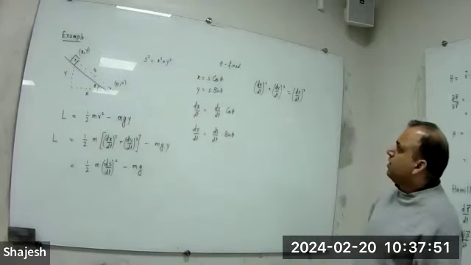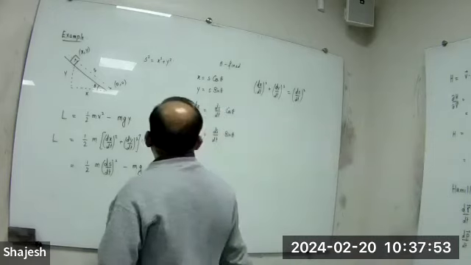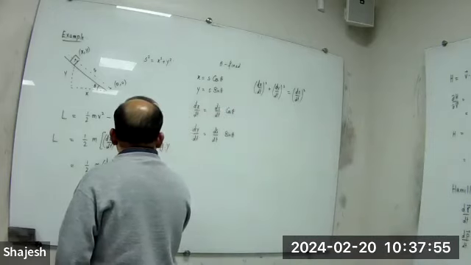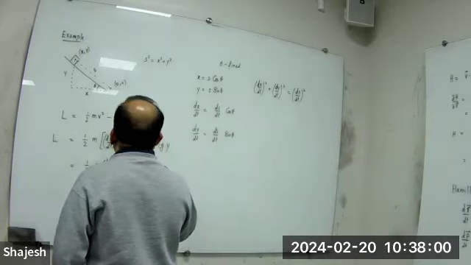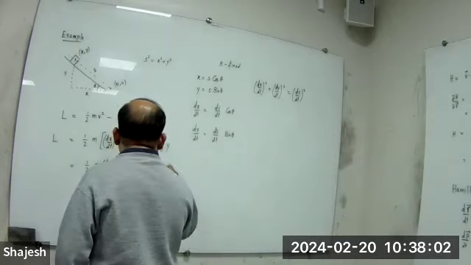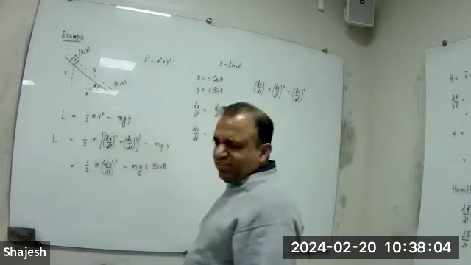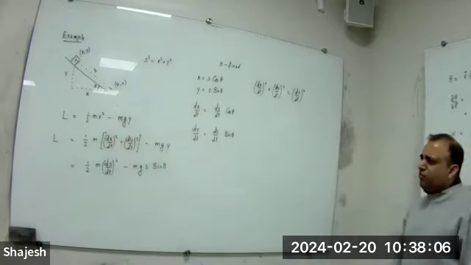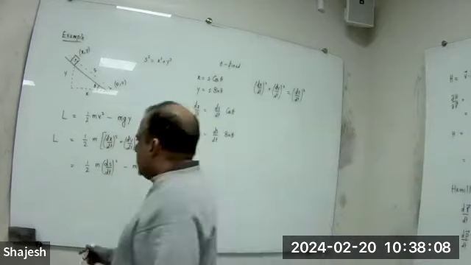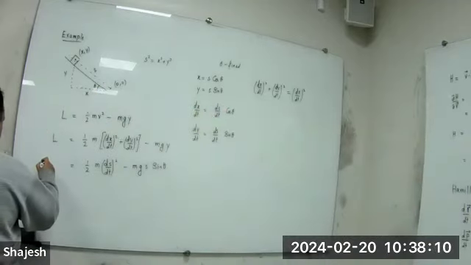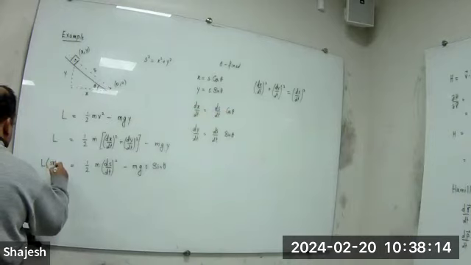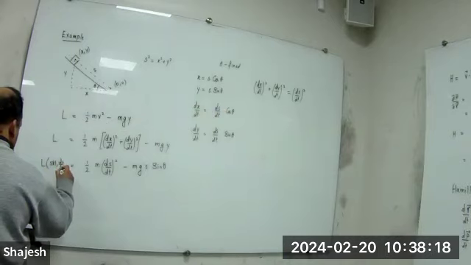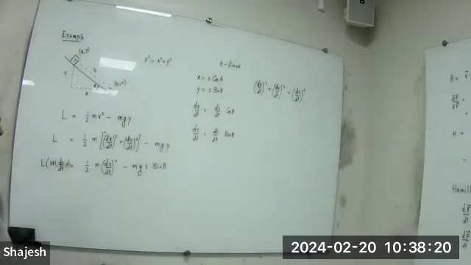Y can also be written in terms of s, which is s sine theta, where sine theta is fixed. And this quantity depends only on s as a function of time; if you want, it depends on the velocity ds by dt and t.